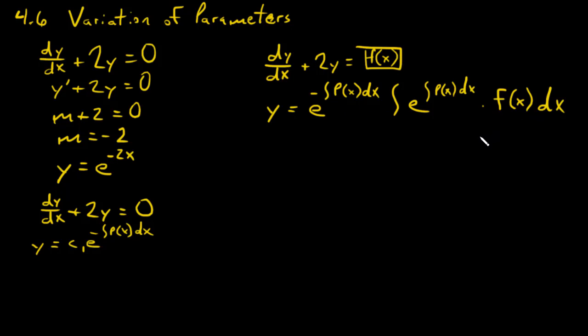Okay. So first thing I want to do is say, if I'm looking at the homogeneous first order equation, it looks like this. dy dx plus p of x y equals 0, right?